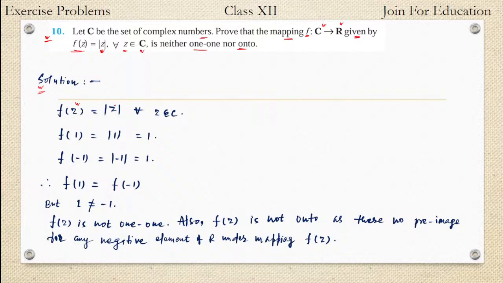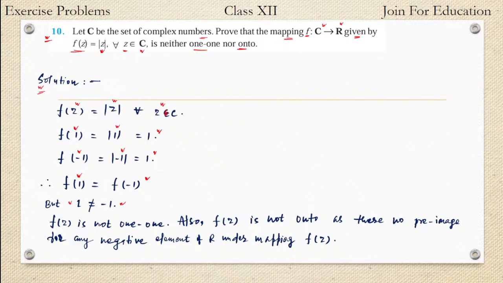Let's see the solution of this question. f(z) equals the absolute value of z for all z in the complex numbers. We consider f(1) equals the absolute value of 1, which equals 1. For f(-1), the absolute value of -1 is 1. So from working, f(1) equals f(-1), but here 1 is not equal to -1.